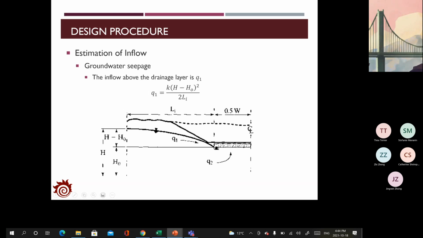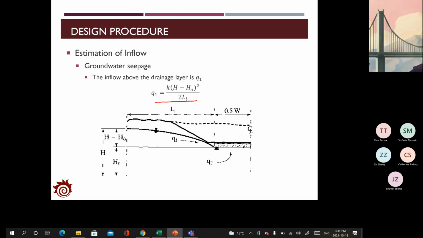And this calculation can be divided into two parts. One is the inflow above the drainage layer. The other one is the inflow below the drainage layer. So let's go see the first one. The first one, Q1, will equal K times (H minus H0) squared divided by 2 times Li.